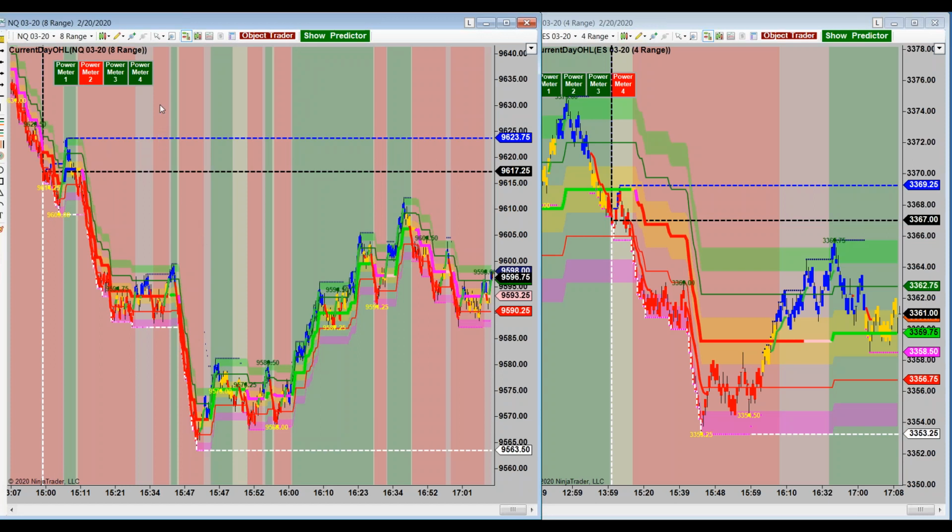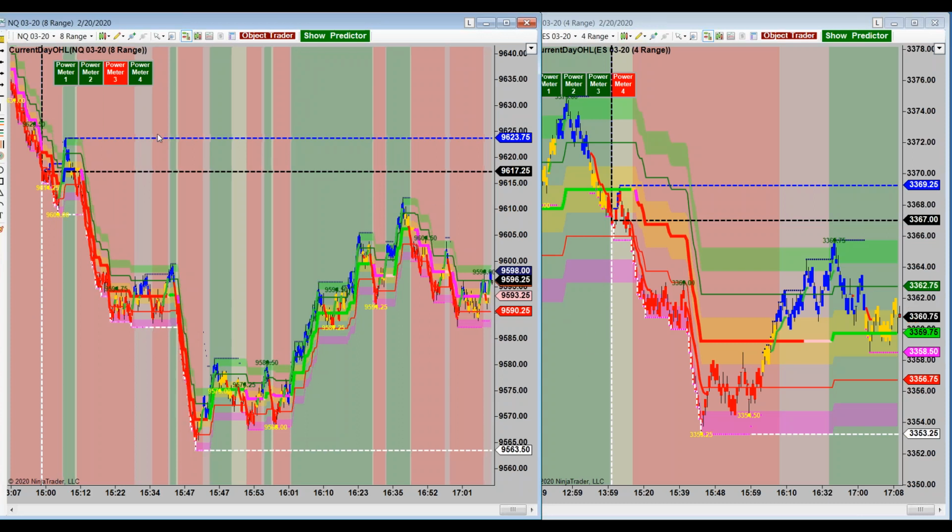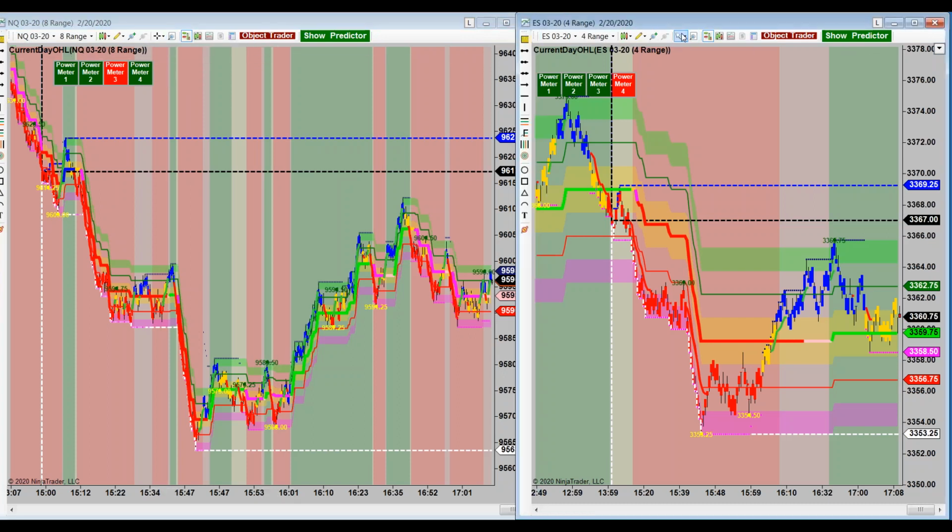Now let's look at some times together and see how this worked. Just to be clear, this line here on the left on NASDAQ is equal to this line here on ES. Let's turn this from cursors to crosshairs. Okay, here we go, a crosshair on the left and a crosshair on the right.